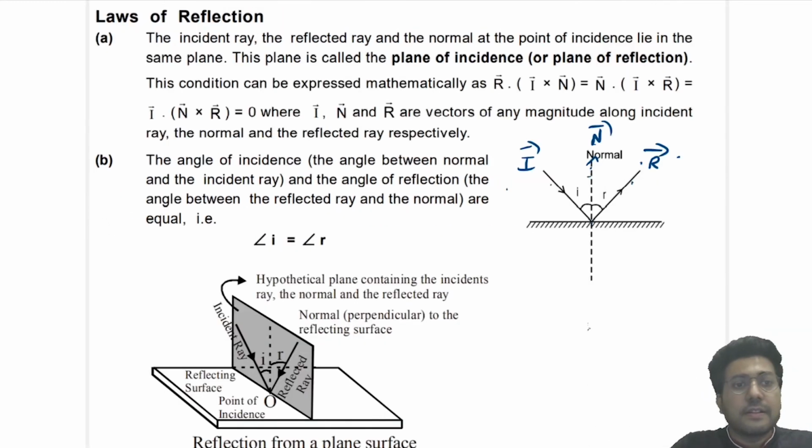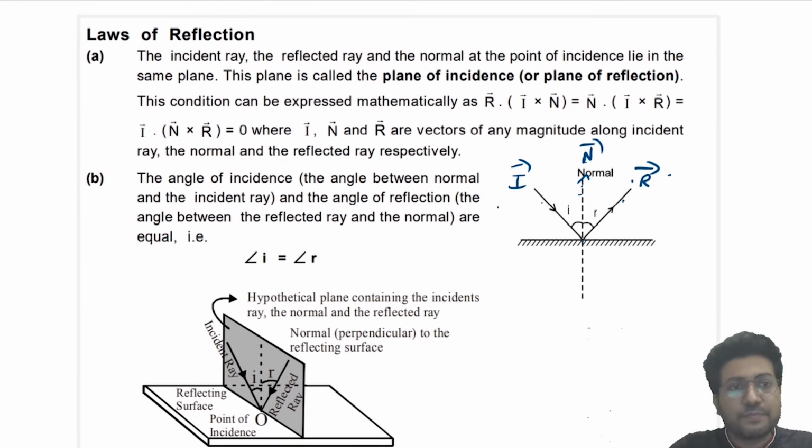Now the law of reflection: the incident ray, the reflected ray, and the normal at the point of incidence lie on the same plane. So the first point in the law of reflection is that the incident ray, the reflected ray, and the normal lie on the same plane.